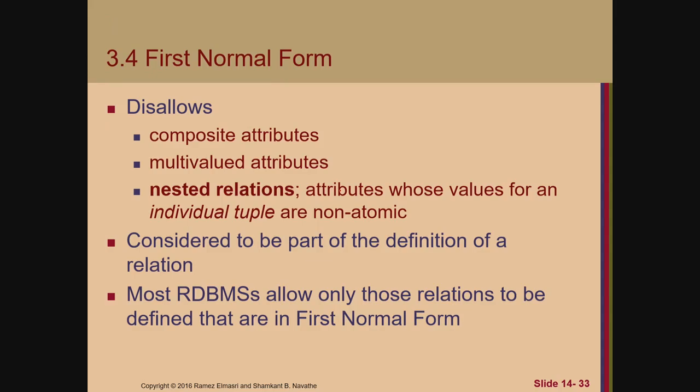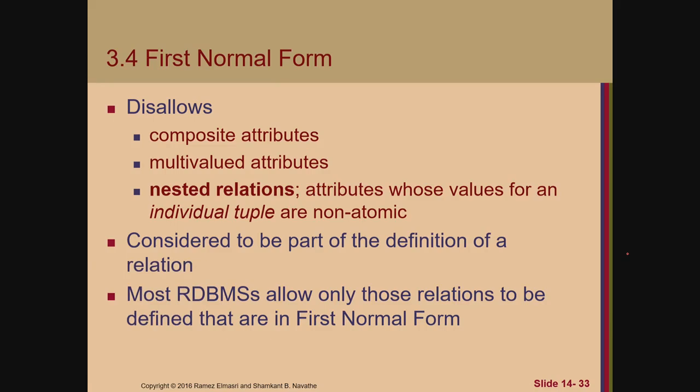The concept of first normal form, we have to check composite attributes, multi-value attributes, nested relations. If you find one of them, you just separate them into a new relation. Okay, this is the first normal form.